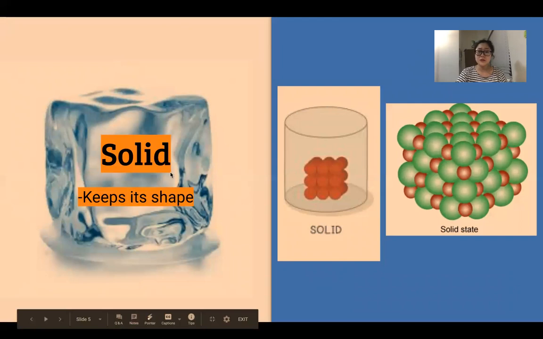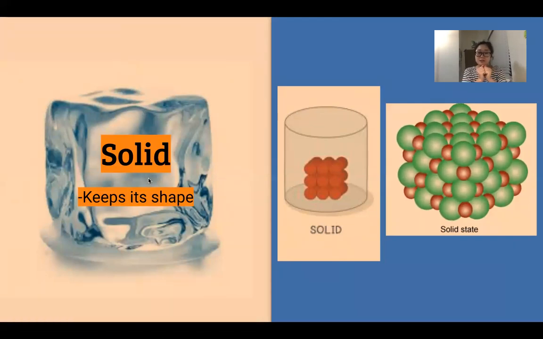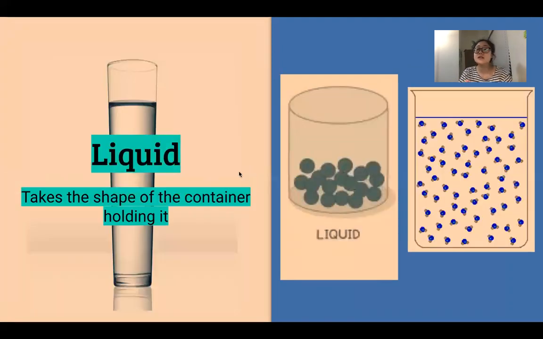The molecules in this ice cube would vibrate in place because it's not malleable. We can't change the state that it is in unless we melt the ice cube, right?